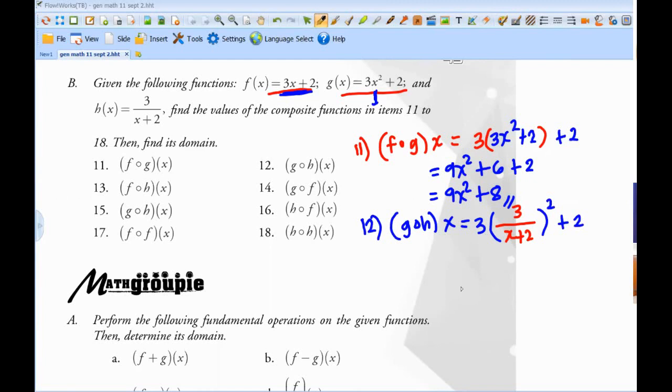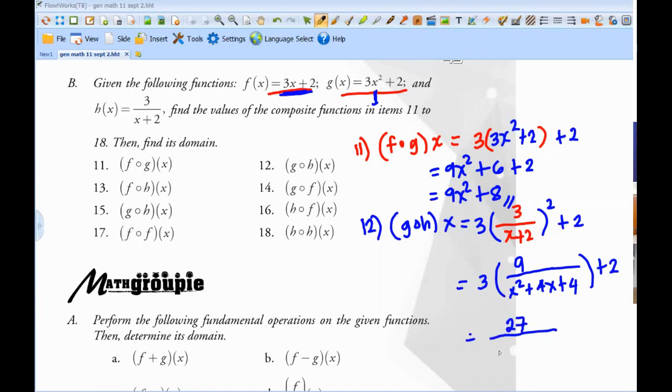So if we have to solve that, it will become 3, open bracket 9 over, let's solve this, x squared plus 4x plus 4, plus 2. Then it will become 27 over x squared plus 4x plus 4, plus 2.